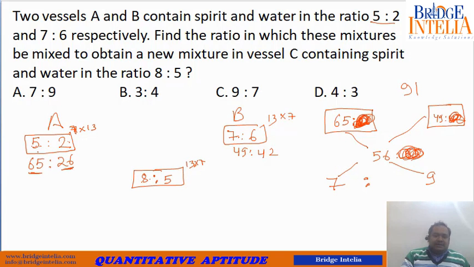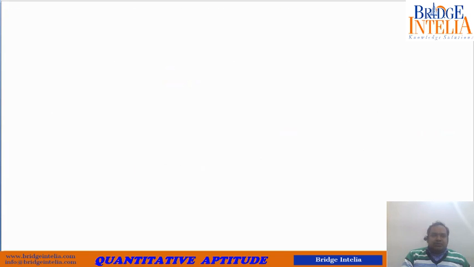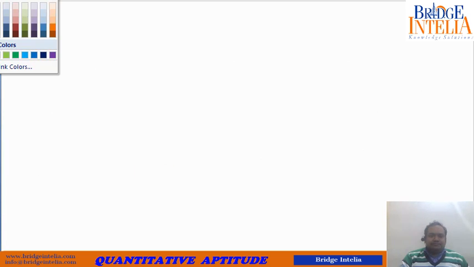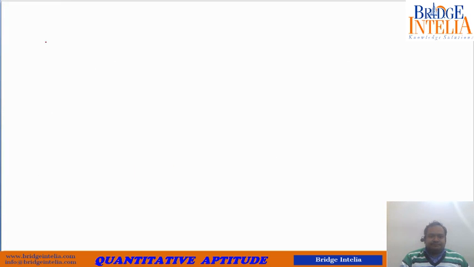Now let's use the fractional approach, fractional method. So the original ratio is A 5:2. So two solutions A and B. Here it is 5:2. Here it is 7:6.